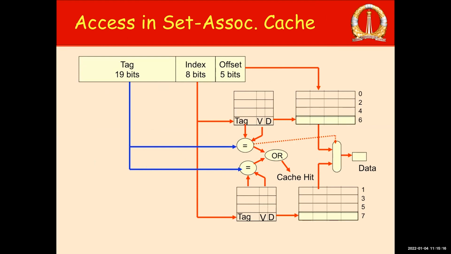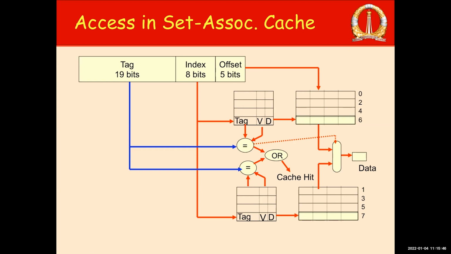Then in each one of those blocks you check whether the tag that is saved in there matches the tag of the address that you want to access. If those 19 bits are identical and the valid bit is set, that means that this particular block stores the memory block that you are looking for. Only one of the blocks in that set will actually have that tag matching. The other one will not have the tag matching.